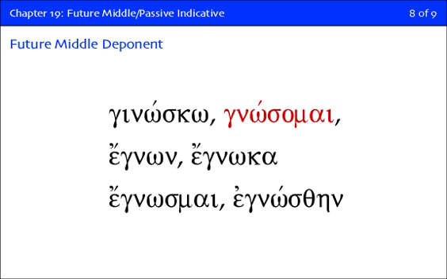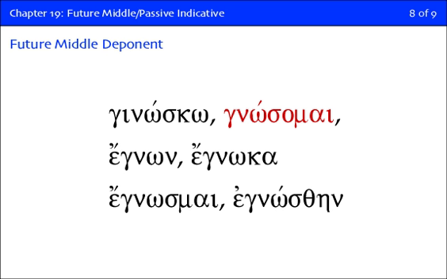I struggled with this for 2 years. But I struggled with it because I made it harder than it really was. Deponent verbs are very simple. They've lost their active form, but not their active meaning. And so they have to take their passive forms, but use them with an active sense.